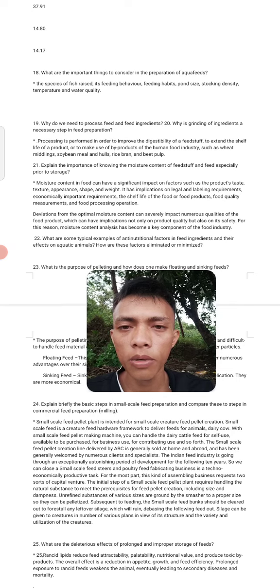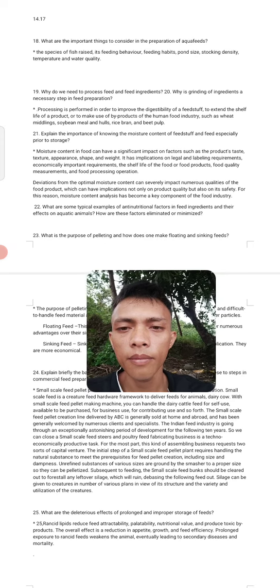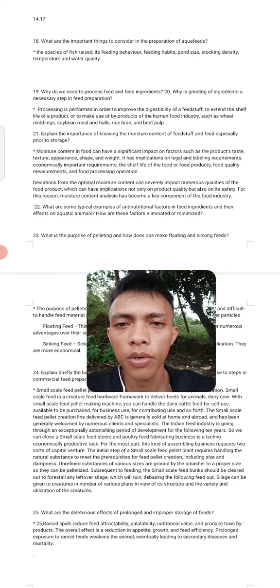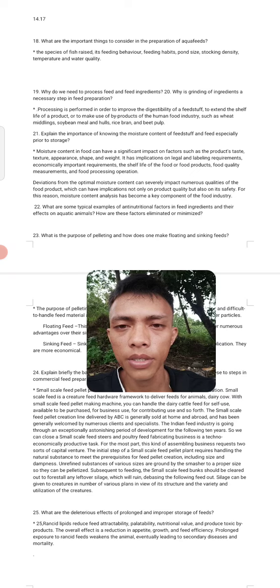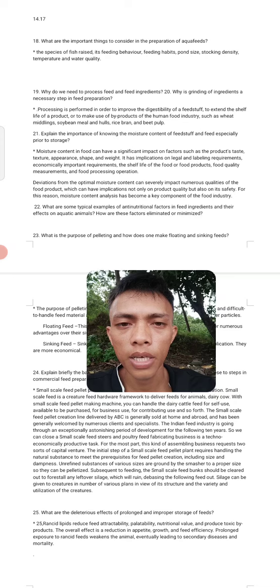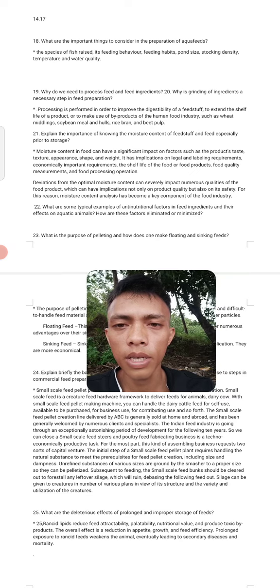21. Explain the importance of knowing the moisture content of feedstuffs and feed, especially prior to storage. Moisture content can have a significant impact on factors such as the product's taste, texture, appearance, shape, and weight. It has implications for legal and labeling requirements, economically important requirements, the shelf life of the food products, food quality measurements, and food processing operations.